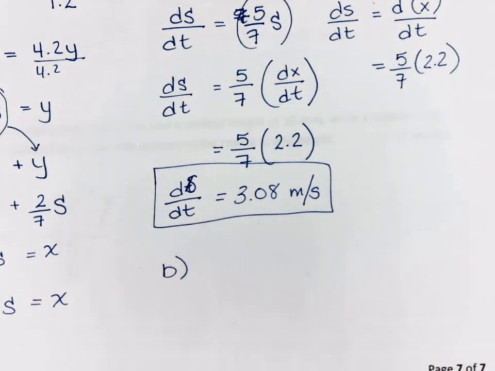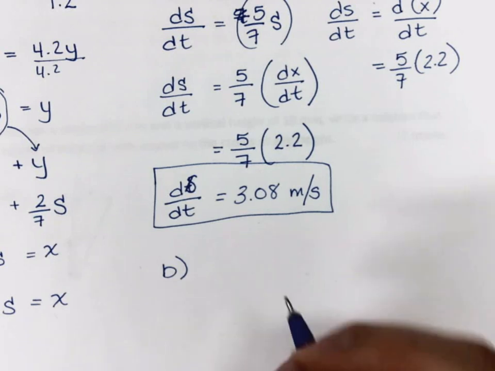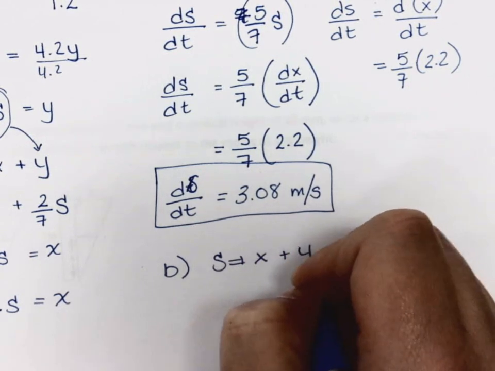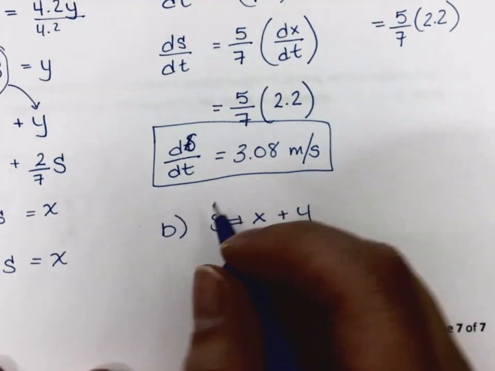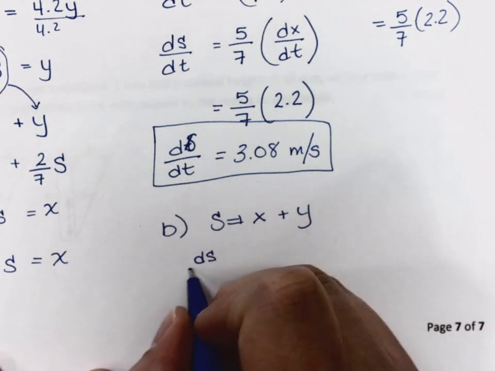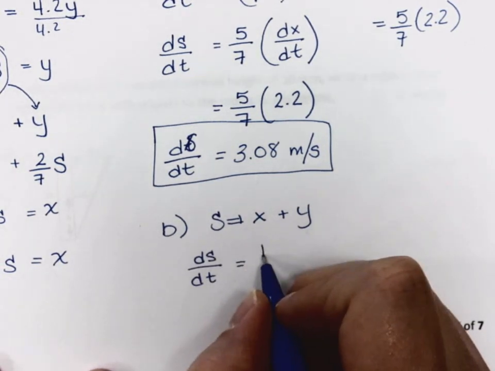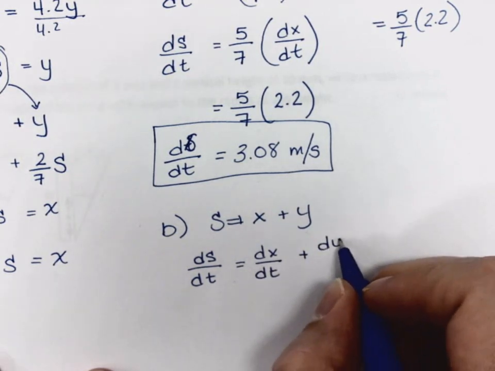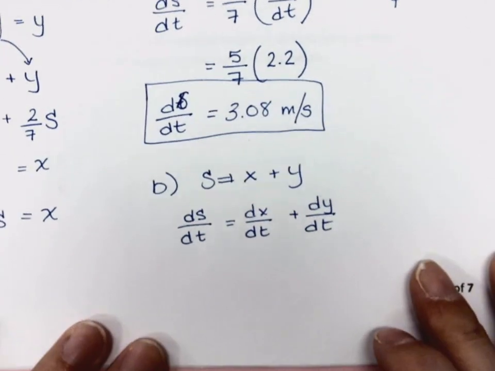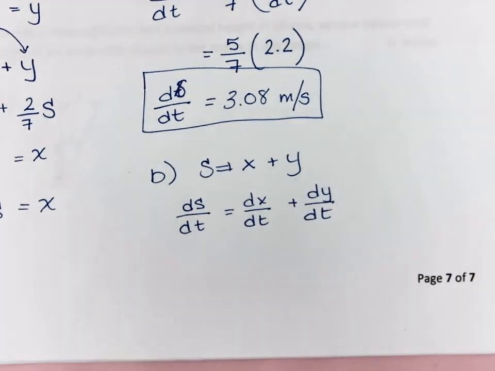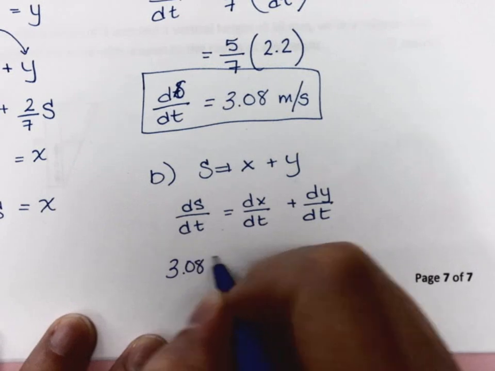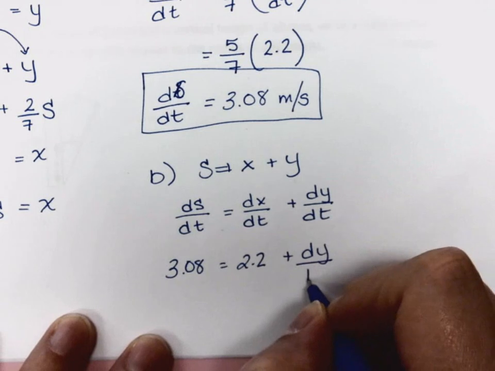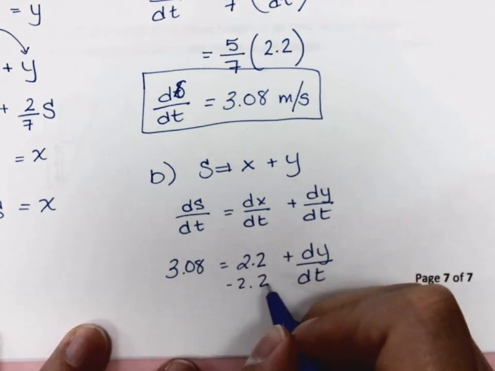Hopefully B is a little bit easier. We have the equation, s equals x plus y. We know that from that. So if we take the derivative of all sides, what do we know? We already found the derivative of s, that's 3.08. We were given dx, which is 2.2, and then we have dy over dt, so then we're just subtracting.